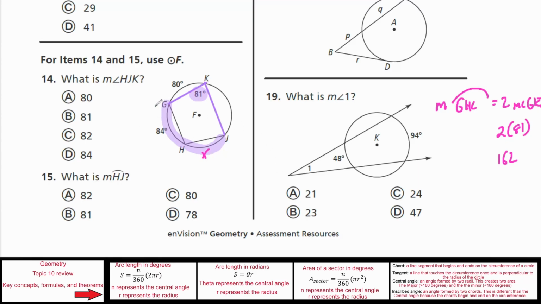So if the whole thing is 162, and I know from here to here is 84, I can subtract 84, and what I'm left with will be X. So I know this answer is going to have to end in an 8 because the only way to get 4 up to a 2 is to add 8, carry the 1. This is going to be 78, but let's use a calculator to verify it. 162 minus 84 is in fact 78, and that's how we knock out this one.